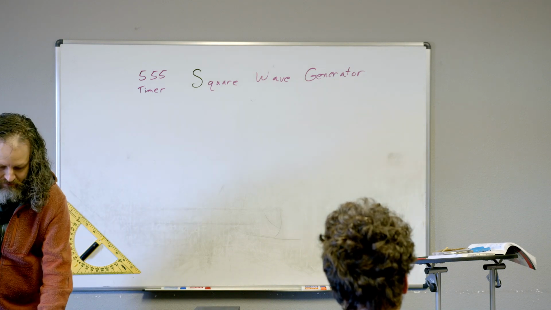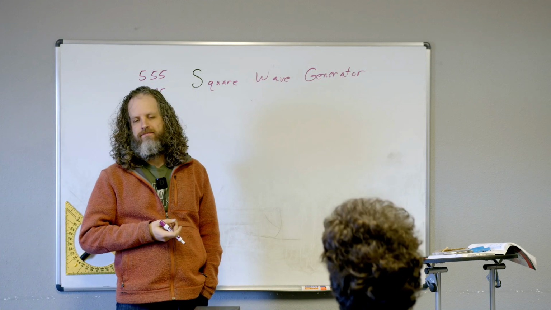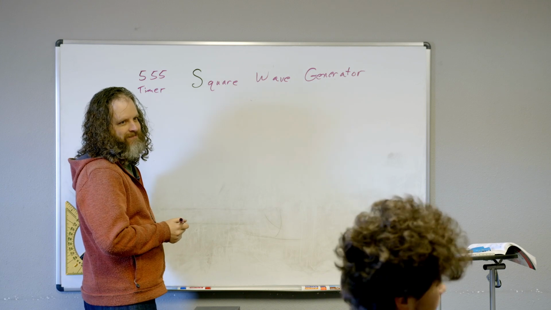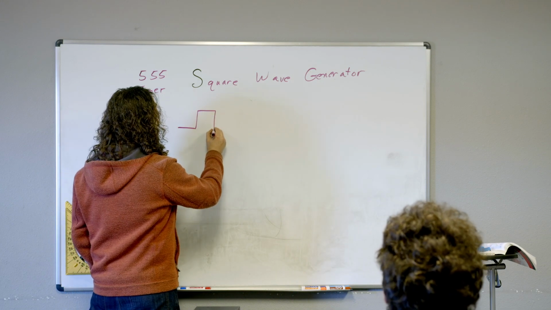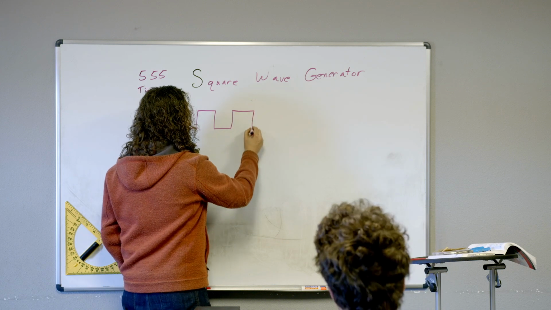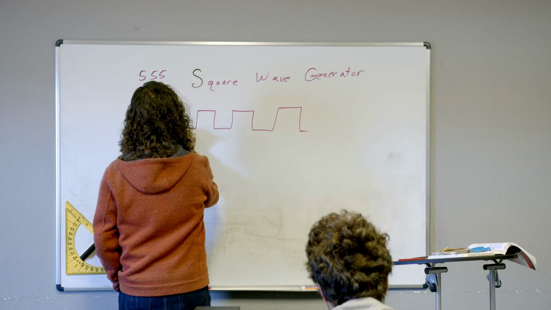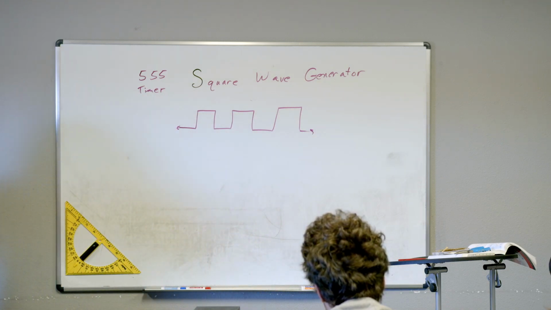Okay. So, what does a square wave look like? I'm hoping like this. Yeah, just like that. Okay. So, you need the 555 timer circuit that looks like this. That makes this sort of signal.